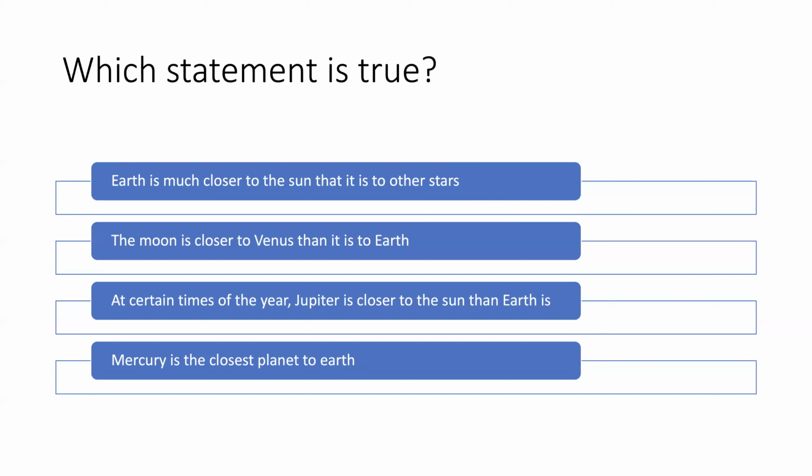But I did know that the moon is not closer to Venus than it is to Earth. So I started doing process of elimination. And then the certain times of year with Jupiter, I figured it wasn't that because the planets rotate, so they don't get closer or further. And then Mercury is the closest planet to Earth was wrong because it's Mercury, Venus, so Venus is before Mercury.